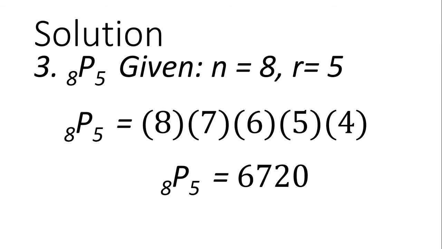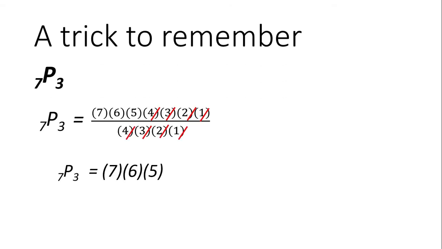If you are still confused how to solve for the number of permutations, let me teach you a trick to remember. I have here the complete solution of permutation of 7 taken 3. Let us take a look at the relation of r and the number of remaining factors after permutation of 7 taken 3 is simplified.